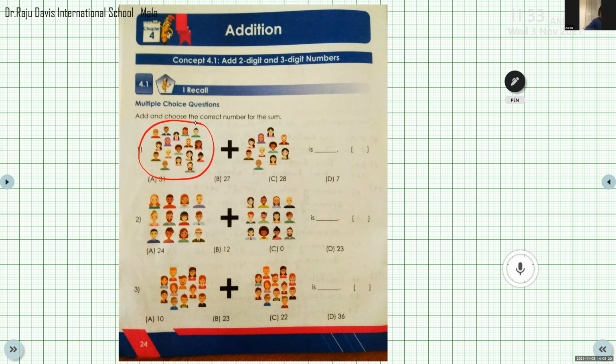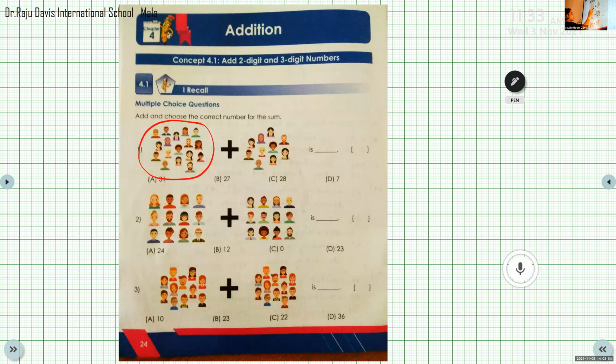1, 2, 3, up to 16. Is it 16? Please count it again. 1, 2, 3, up to 16, 17.